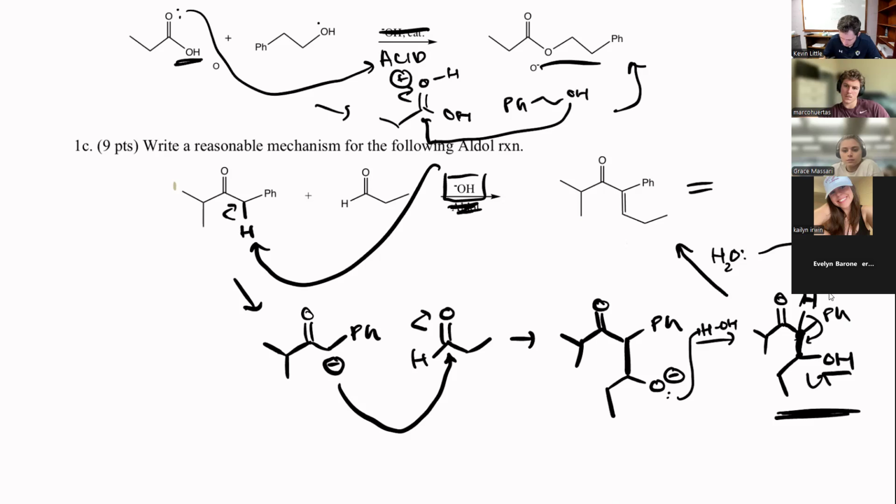Another way to think about it is how many hydrogens are on this carbon in this picture? The one in gold. Just one. How many hydrogens are on it in the other picture? Zero. So I had to remove a hydrogen.